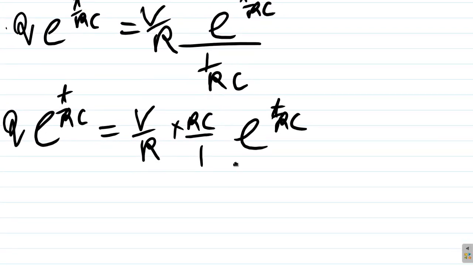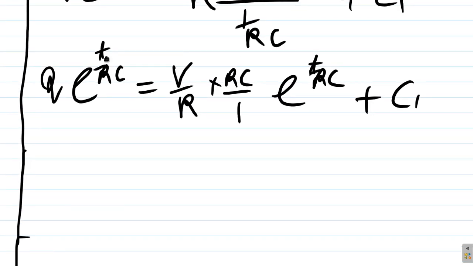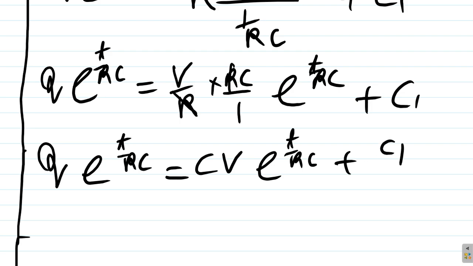So what we have is plus C1, where C1 is a constant of integration. Here we see that R will cancel R. So q e to the t over RC equals CV e to the t over RC plus C1.